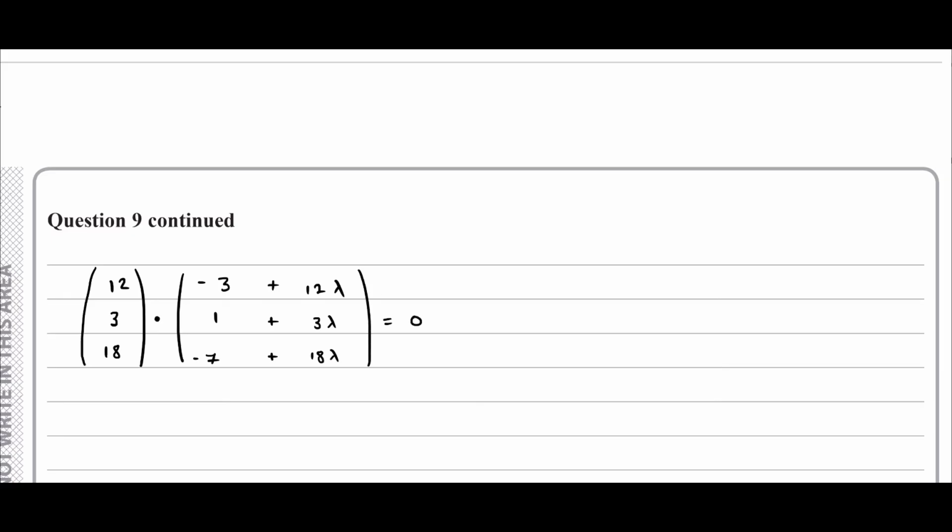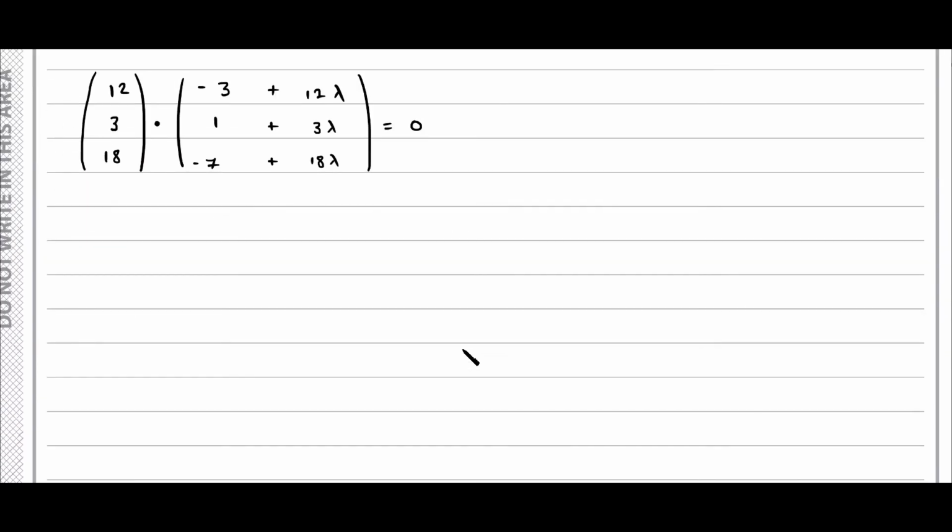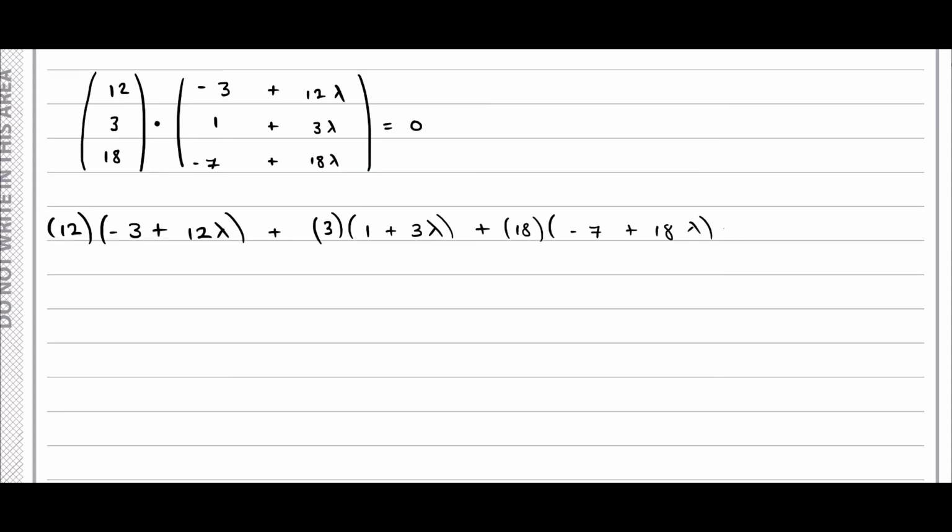This is equal to 0. So we have 12 lots of -3 plus 12 lambda, 3 lots of 1 plus 3 lambda, and then 18 lots of -7 plus 18 lambda. All of this is equal to 0.